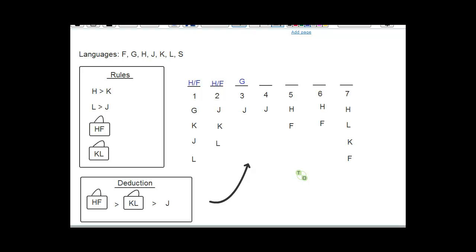Okay, so now we still have the K, L, and J left, but we also have the S. And the thing is, like we said earlier, the S is going to be able to fit in anywhere, okay? Just not between the K and the L, but otherwise it can go anywhere. So it could go in fourth, or it could go in sixth, or it could go in seventh.